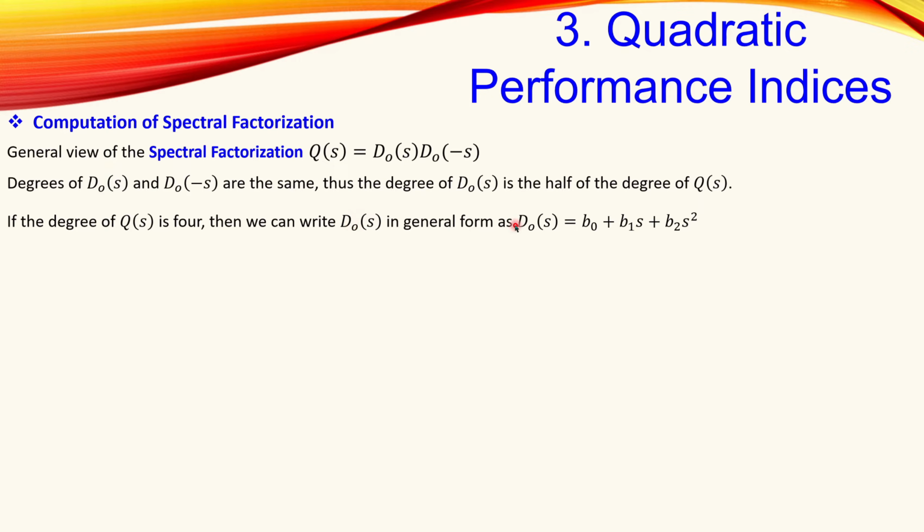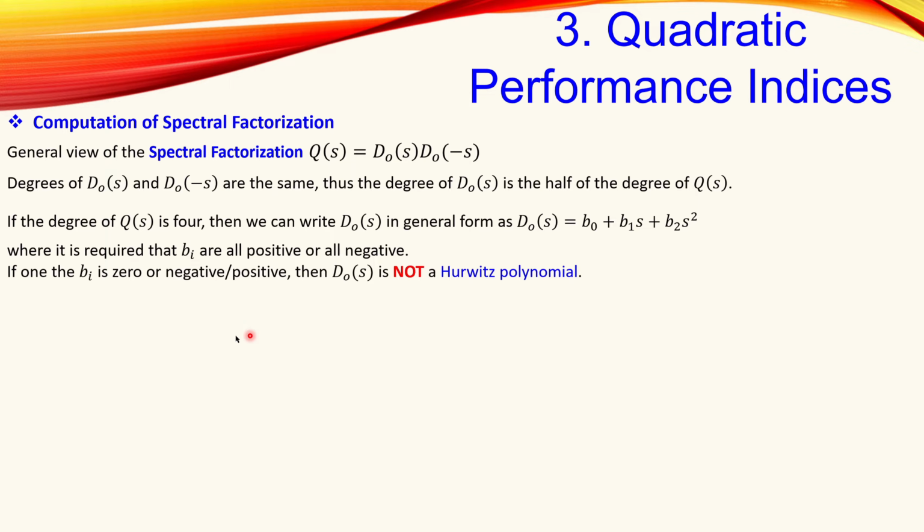So we can write it down in the general form as this one, B0 plus B1 s plus B2 s squared. Where it is required that the Bi are all positive or all negative. It can be also true, but we will just focus on the all positive format. If one of the Bi is 0, or has the opposite sign, when we of course select the positive it is negative, or when we select the negative it will be positive, then D0 of s is not a Hurwitz polynomial.